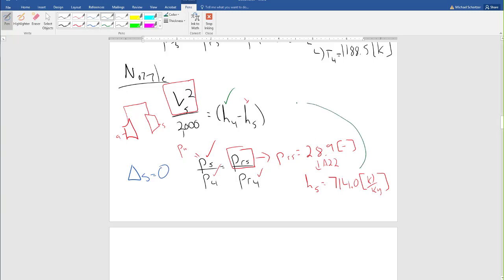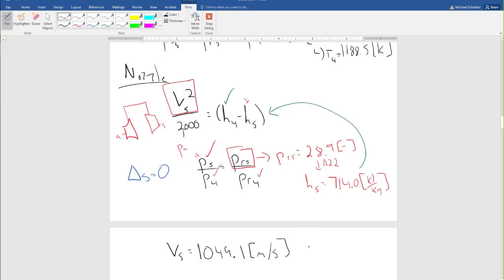That's great, right? Because here now I have a value and I can solve for the velocity at state 5. I get that V5 is equal to 1,049.1 meters per second, right?